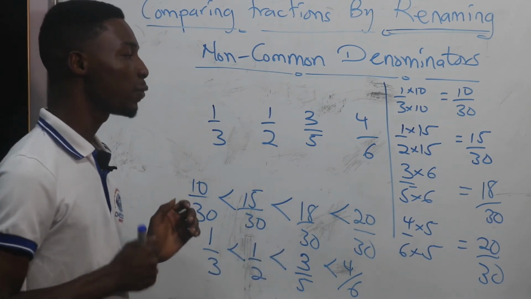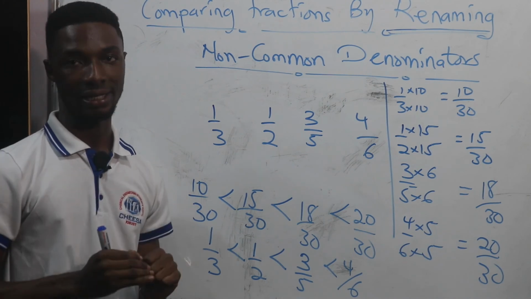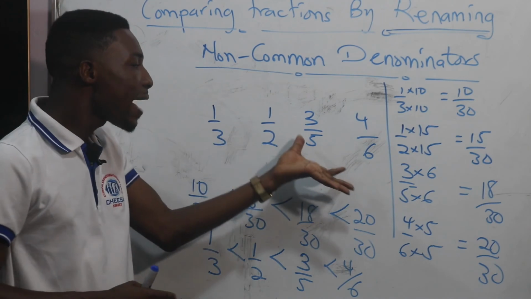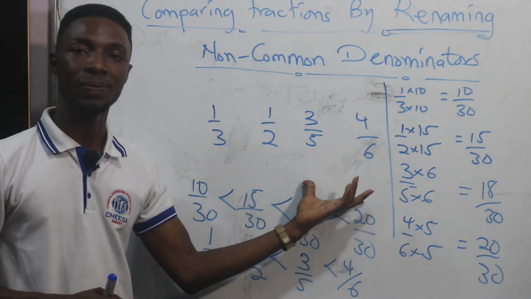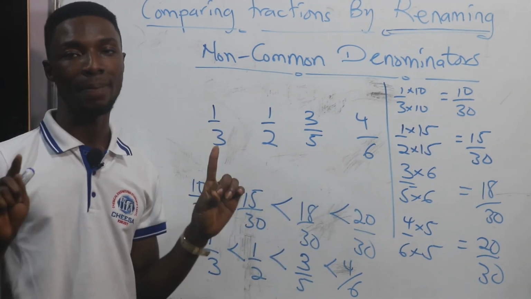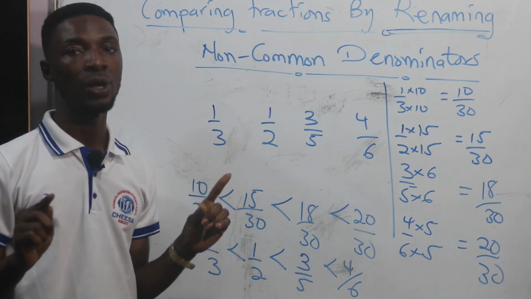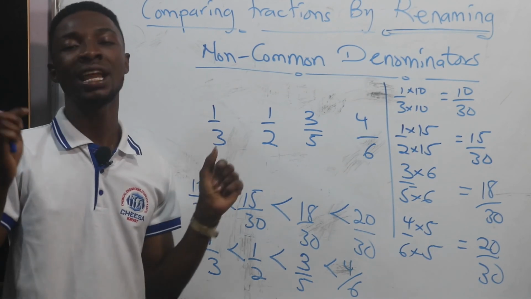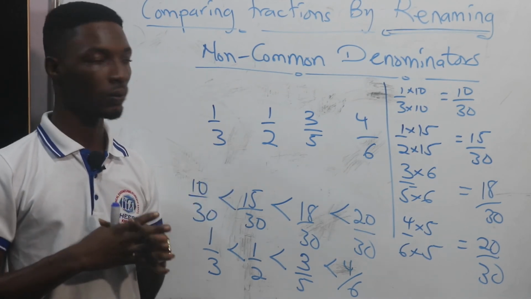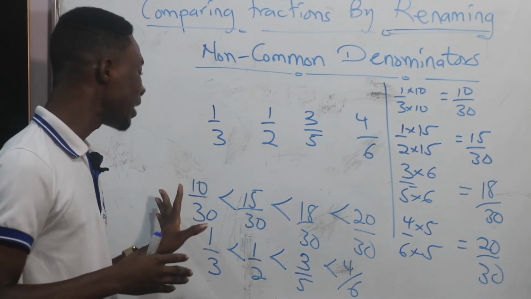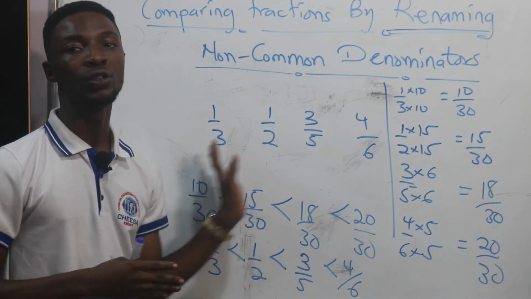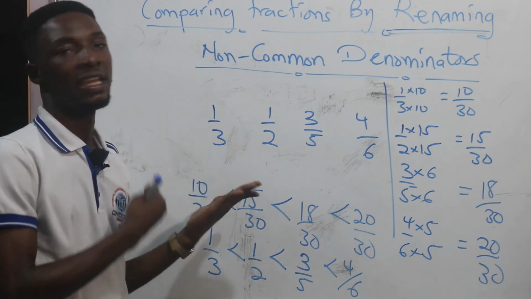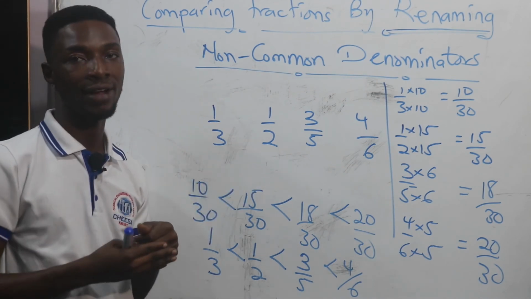So this is what we call the renaming method. If the fractions have different denominators, pick up two larger denominators, multiply to get one number. That is going to be your LCM, or a common denominator for the renamed or the equivalent fractions you are going to produce. After that, divide that LCM by each denominator here to get a factor that will transform the fractions into equivalent fractions.